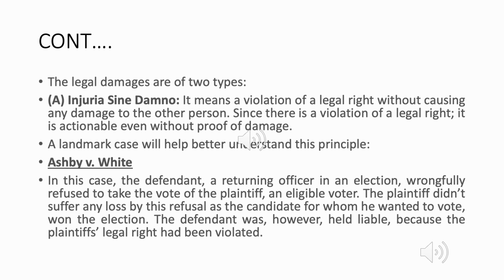Secondly, the next essential is legal damage. To be successful in an action of tort, the plaintiff has also to prove legal damage or injury. Unless there is a violation of a legal right, an action under the law of torts cannot lie.